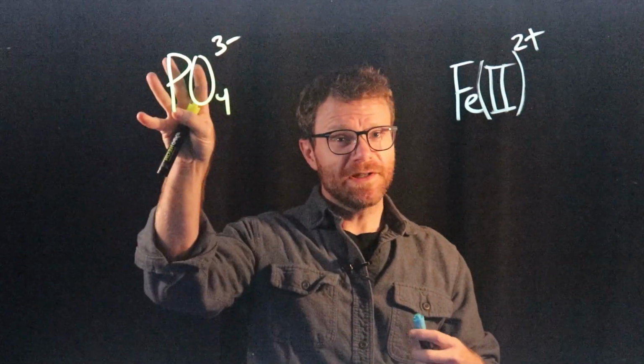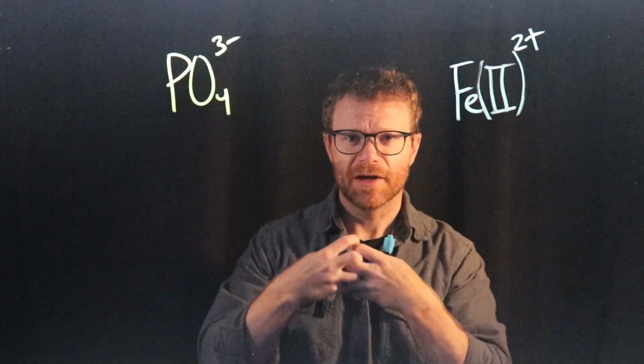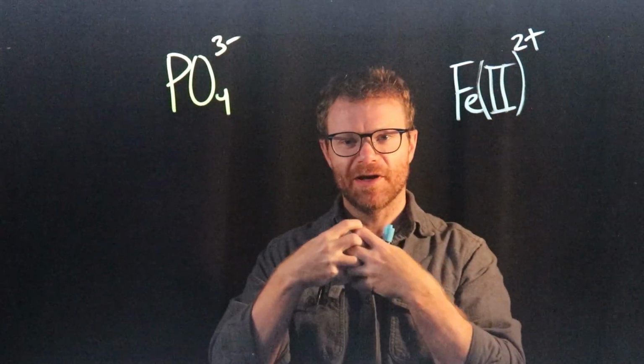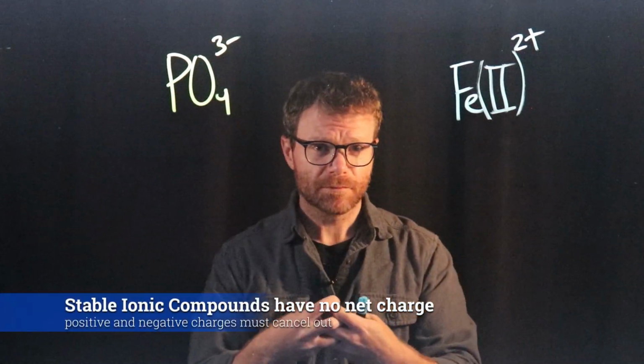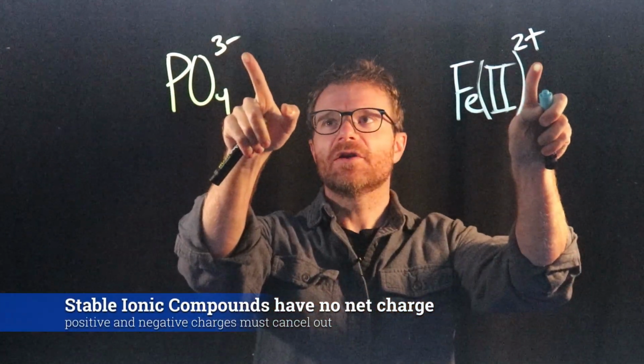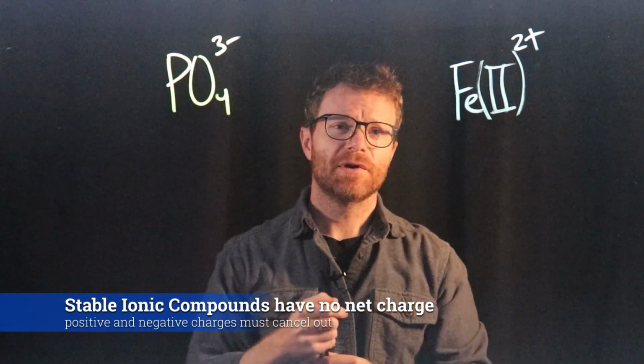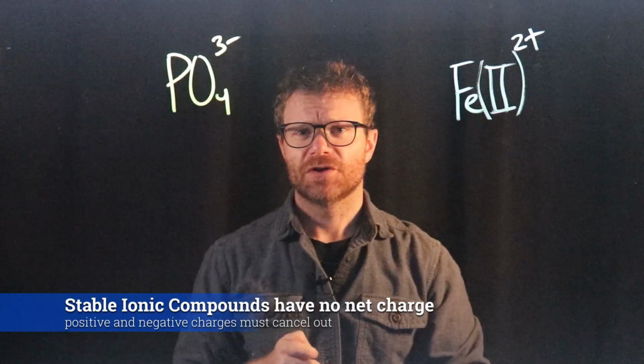Okay, so phosphate's negatively charged, iron 2 is positively charged, so they're going to come together, they're going to attract to form a stable ionic compound. The issue is the charges aren't equal. So if the +2 comes over and joins that -3, we'll still have a -1 charge.